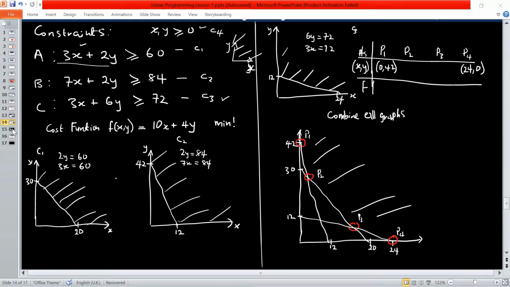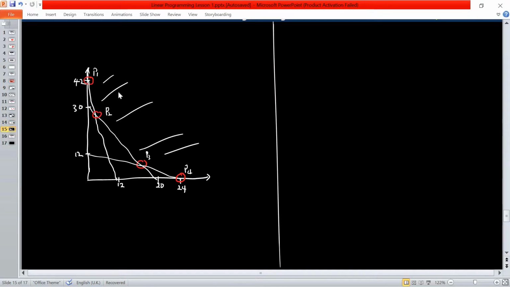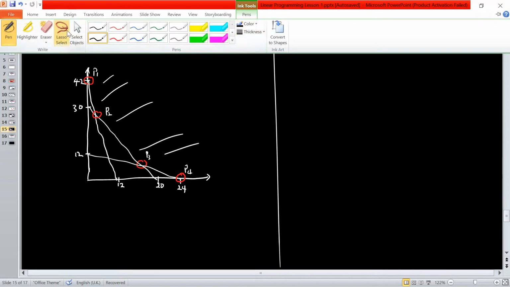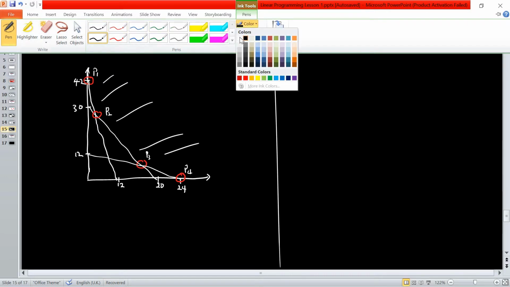So let me move to the next slide so that it will be a bit clearer. Alright, so this is what we have. So we have point P1, P2, P3 and P4. So let's use a table to make it a bit clearer. So I'm going to take a pen, a white pen.